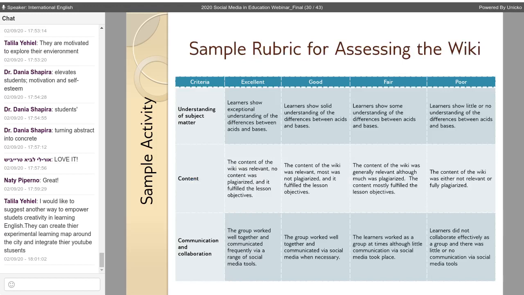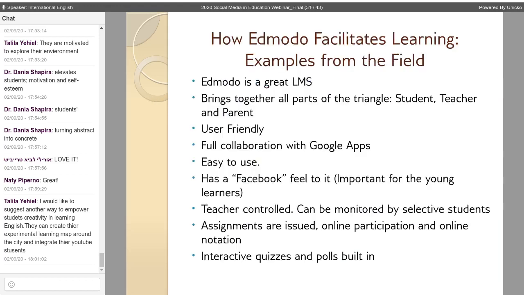On your screen is a sample rubric for assessing the wiki. Basically, this rubric can be used by students and teachers to assess the students' wiki in terms of understanding of the subject matter, content, communication, and collaboration.